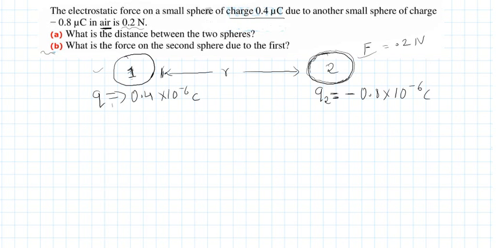Similarly, this sphere will experience the same 0.2 Newton force due to this sphere. मतलब कि स्फीयर 1 एक फोर्स एक्सपीरियंस करेगा ड्यू टू स्फीयर नंबर 2, और फोर्स का मैग्नीट्यूड होगा 0.2, और स्फीयर 2 भी 0.2 का फोर्स एक्सपीरियंस करेगा ड्यू टू स्फीयर 1। क्यों?